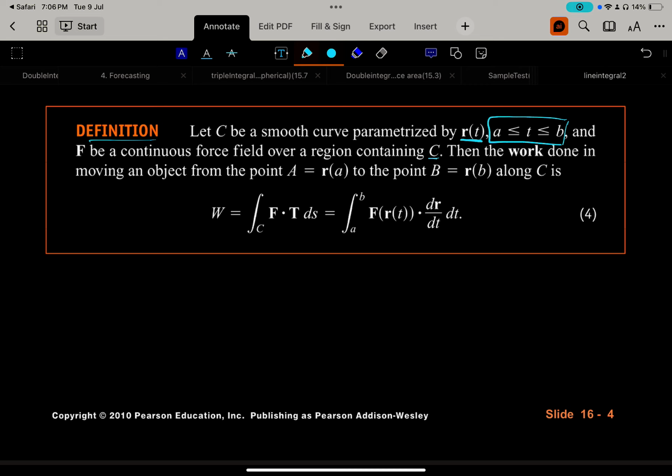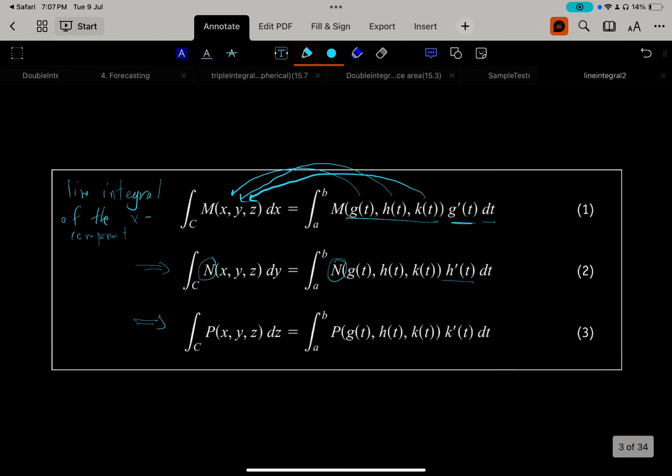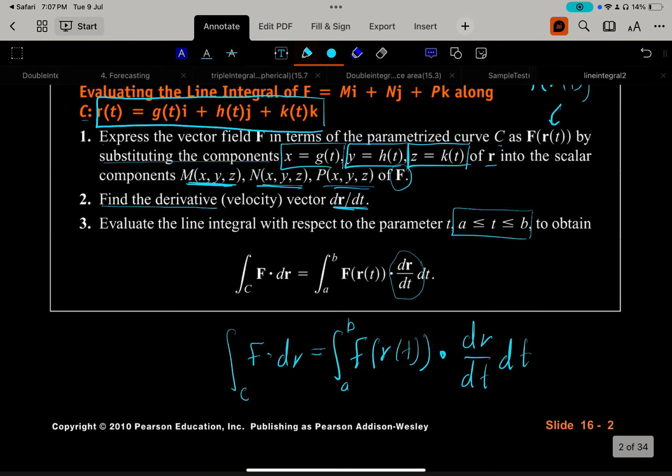And so the work done in moving an object from the point A equals r of a to the point B equals r of b, so these points will be given along the path C, is basically this. And this is just what we have here.